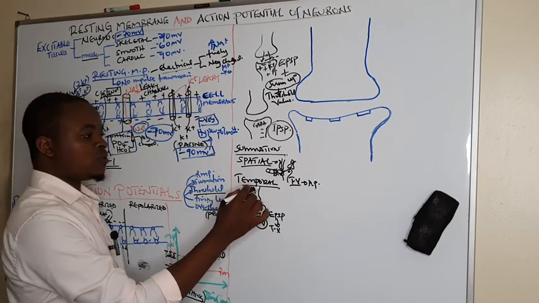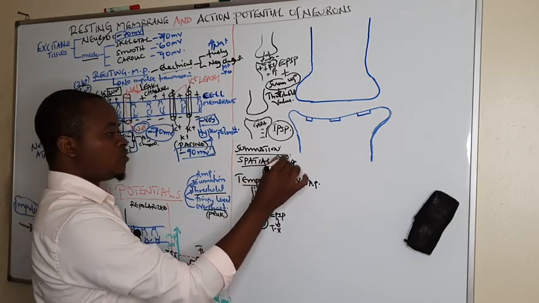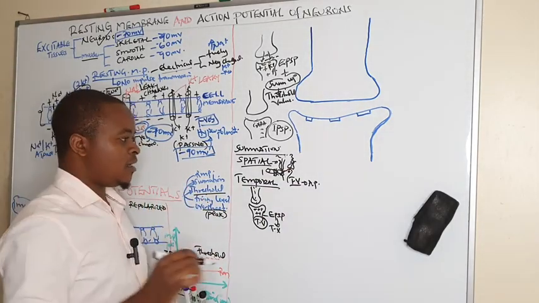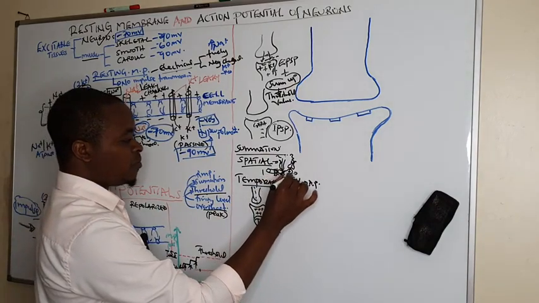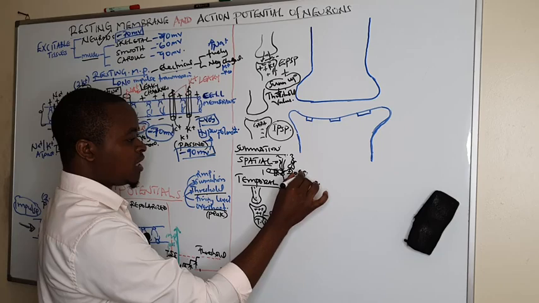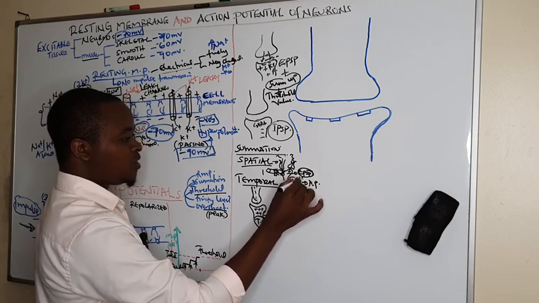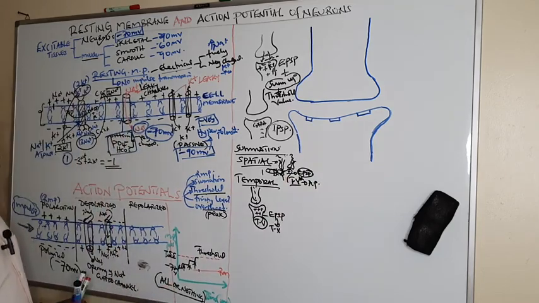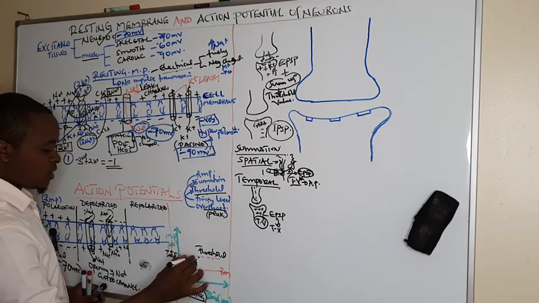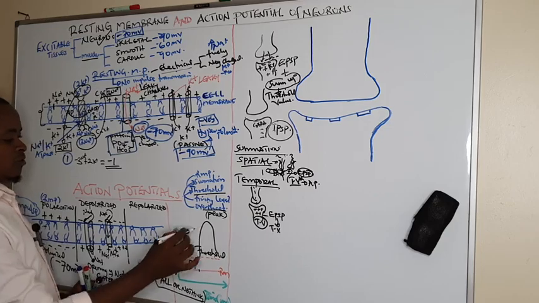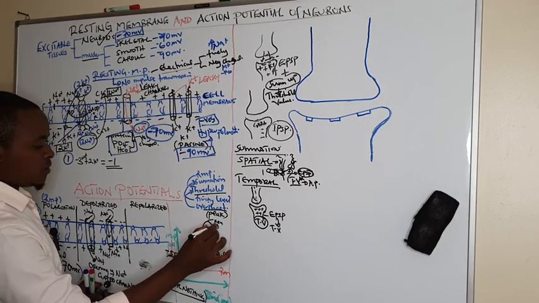Then under spatial, presynaptic neurons simultaneously fire, producing excitatory postsynaptic potentials, which sum up to reach the threshold value. That is summation of the cells. When they have reached the threshold value, an action potential can be fired to reach a peak.